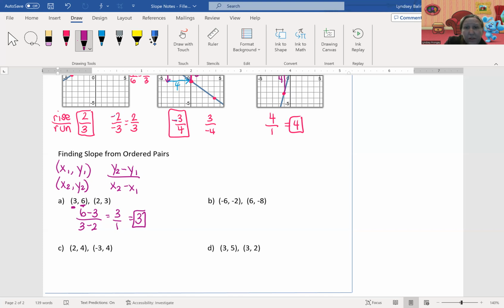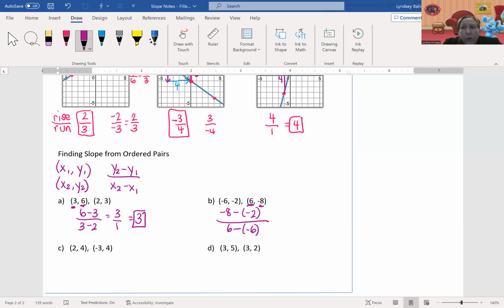That's it. In B, we can do -2 minus -8 or -8 minus -2, it does not matter. Because I started with the first ordered pair in the first one, I'm going to start with the second ordered pair in this one. So I'm going to do -8 minus -2. So I started with that y, I'm going to start with that x. So 6 minus -6.